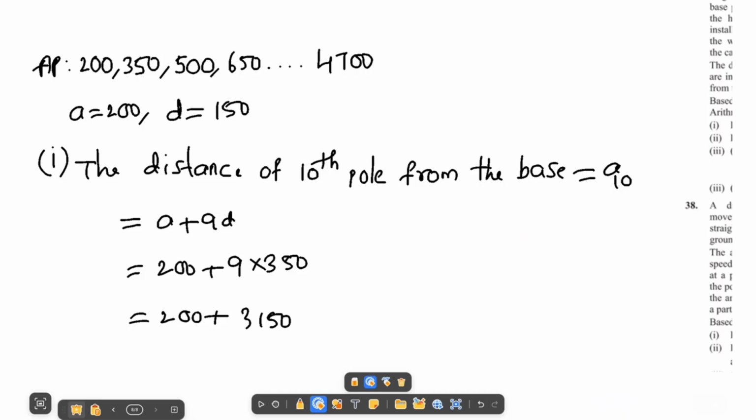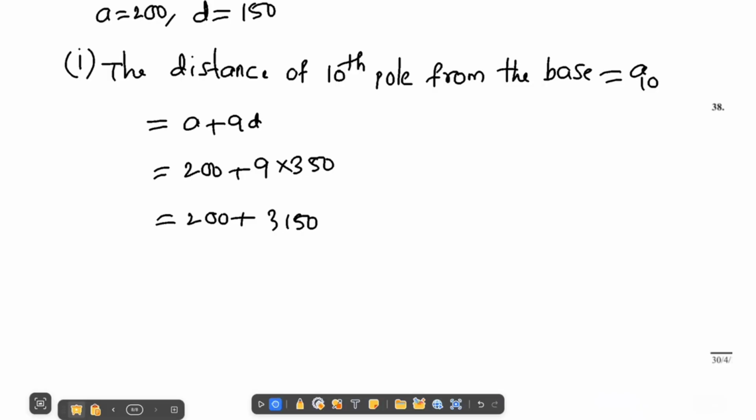Now 200 plus 1350 equals 1550 meters. So this is the distance of 10th pole from the base.